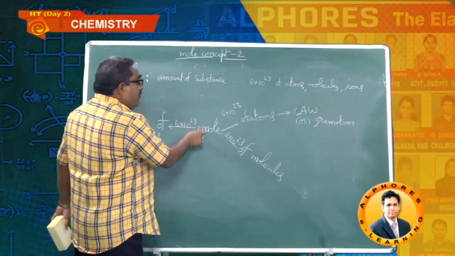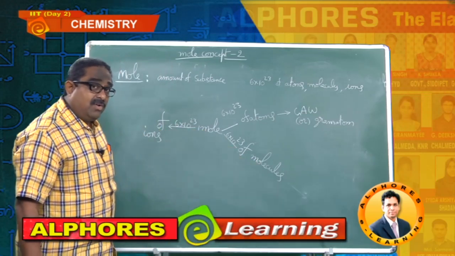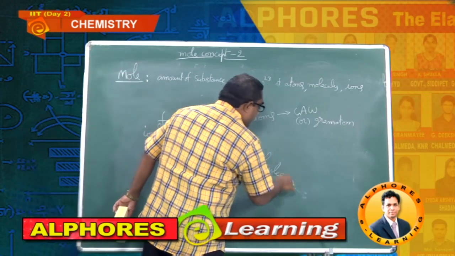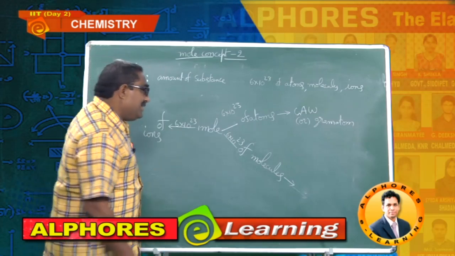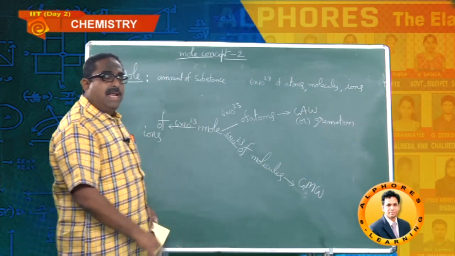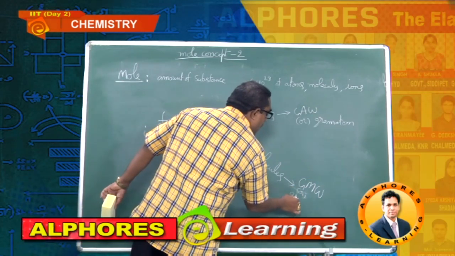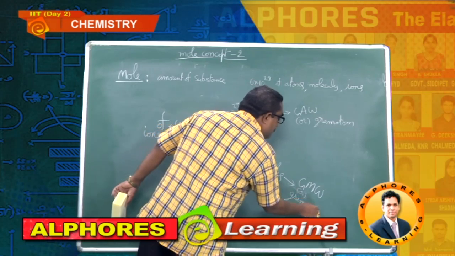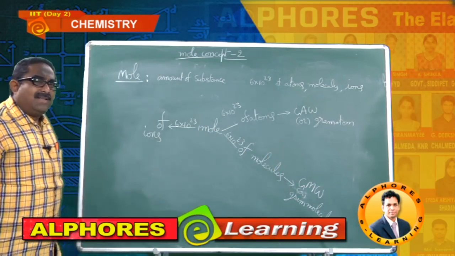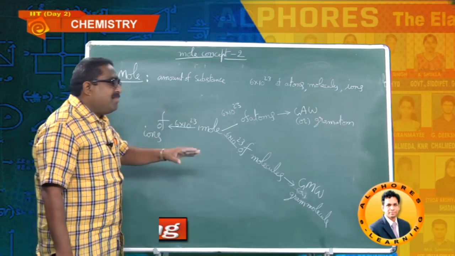Now if you take 1 mole of molecules, that is nothing but 6 into 10 power 23 molecules, then the mass of that, the weight of that thing, you can simply take it as GMW, gram molecular weight, or you can also simply call it gram molecule. Sometimes gram molecule is also called gram mole simply. This mole sometimes can also be called gram mole.